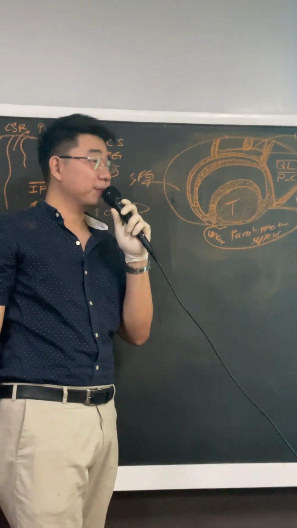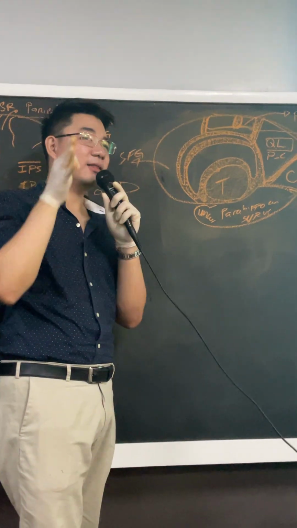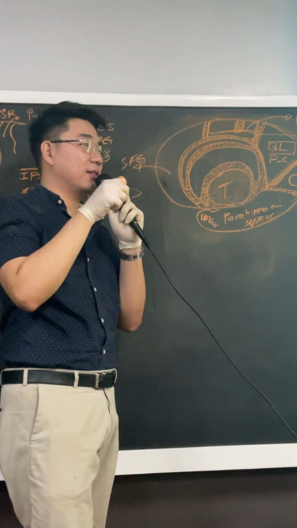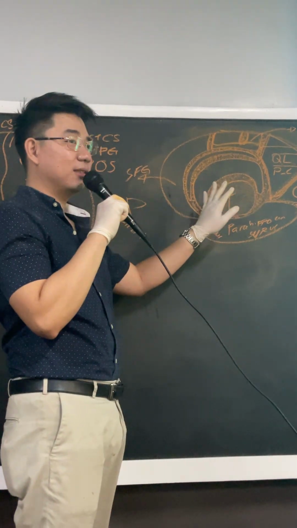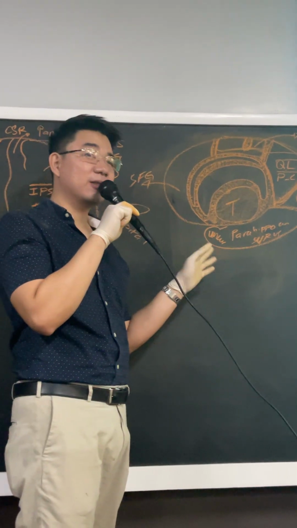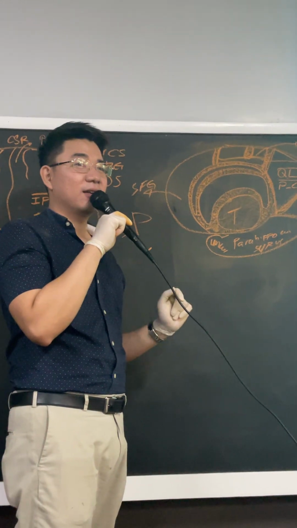That is called the septum pellucidum. It's like a wall, because inside that there's a space, and that space contains your CSF, or cerebrospinal fluid. What is that space called? Subarachnoid space. Subarachnoid?